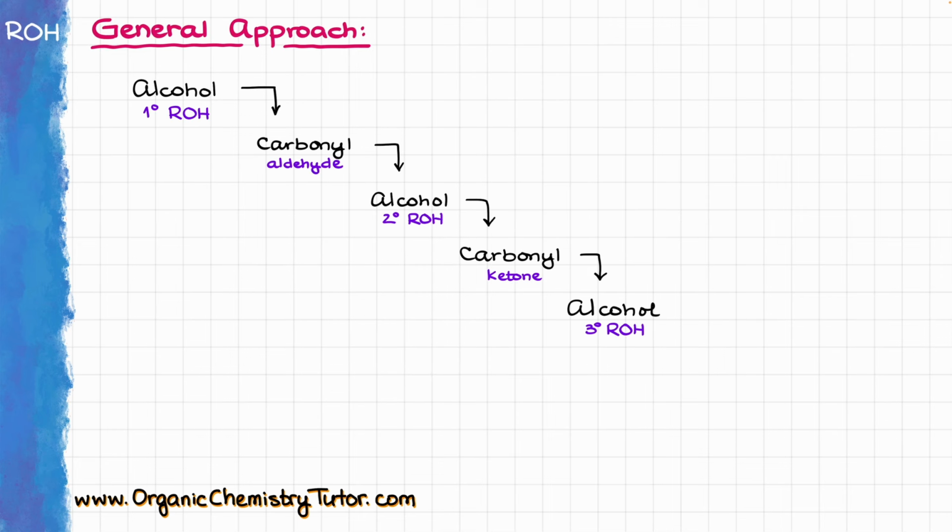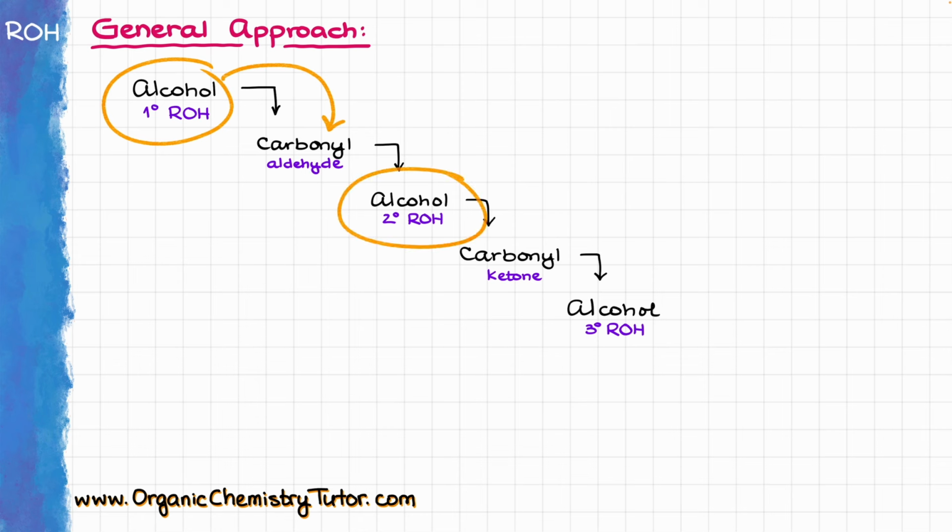So remember, whenever you need to take an alcohol and convert it into a more complex alcohol where you have new carbon-carbon bonds, we are going to generally follow the same pattern. We will start with our alcohol, we will oxidize it to a corresponding carbonyl. Then we are going to do the Grignard reagent to make the next alcohol.